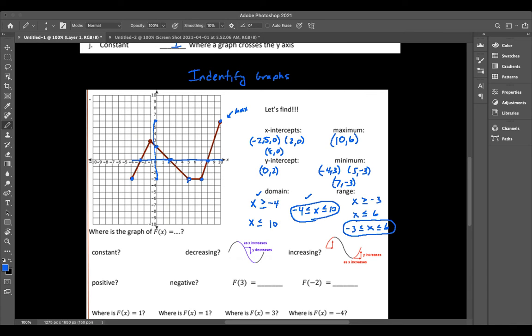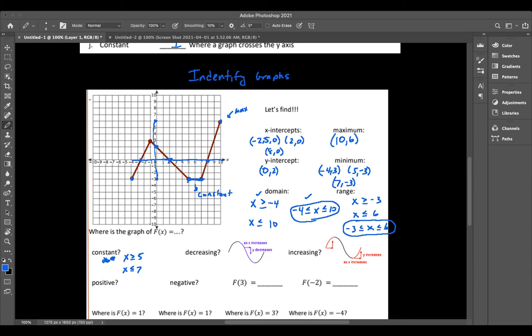At this point right here, between these 2 points, that is the constant. It doesn't move. So again, we could just say between 5 and 7. So x is greater than or equal to 5, but also x is less than or equal to 7. So that would be the constant.